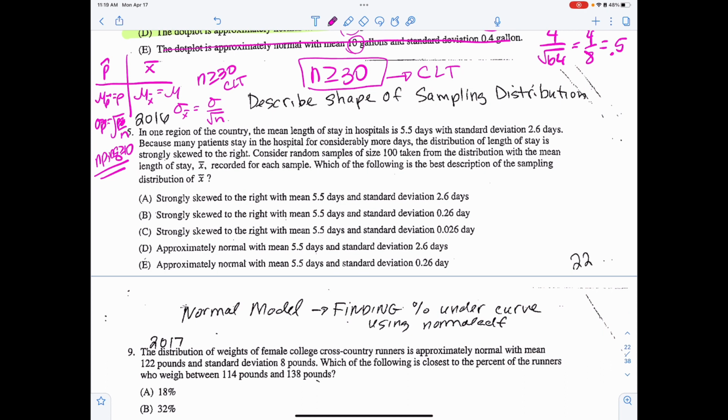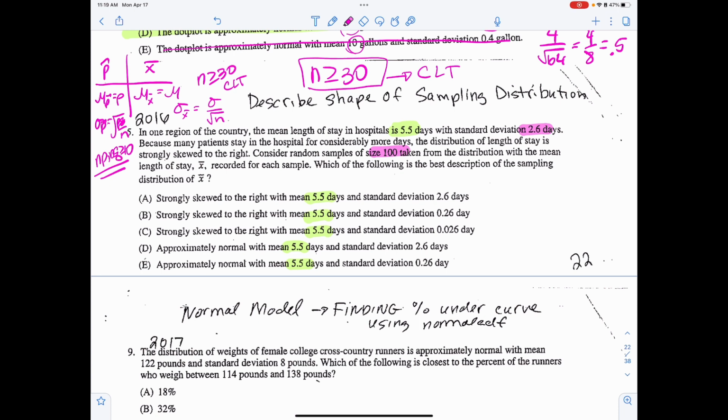Okay, so the same thing here, we're going to look at the mean length is 5.5, so these should be 5.5, and they're all 5.5. Now it's the standard deviation of 2.6, but it says they stayed for more days and a random sample of 100.